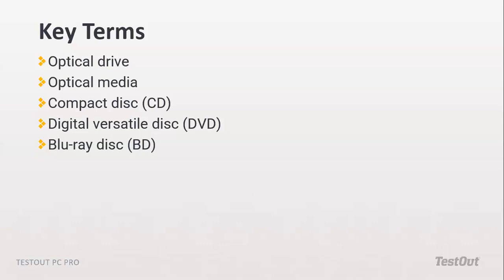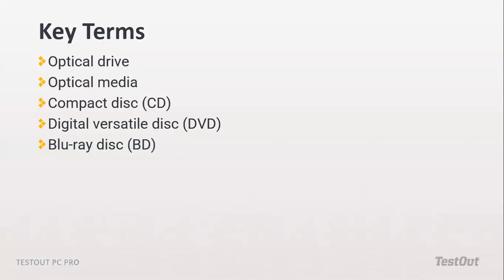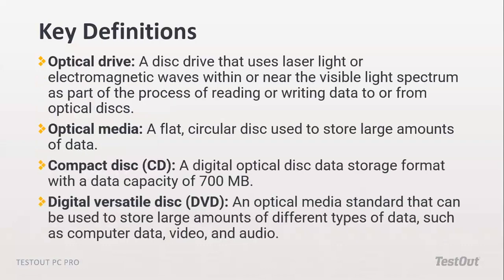Okay, so right now we are looking at optical media, a form of storage device that uses a reflective coating on the surface alongside laser lights to read and write data. The key terms we're going to be using here are optical drive, optical media, compact disc or CD, digital versatile disc or DVD, and Blu-ray disc or BD.